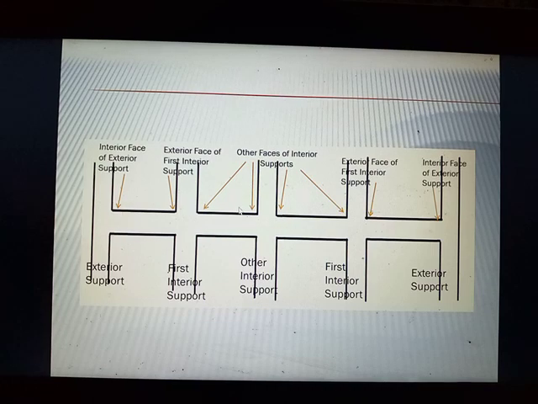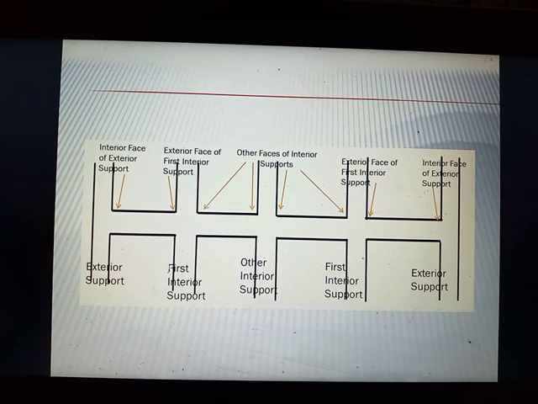So this is for a 4-span continuous beam. It is supported by 5 columns or 5 supports. Those at the farthest ends are called exterior supports.